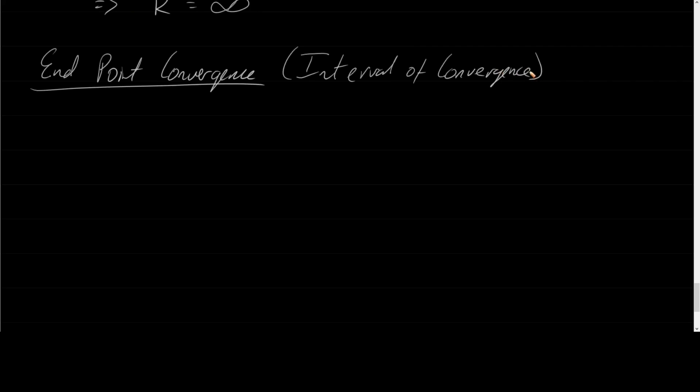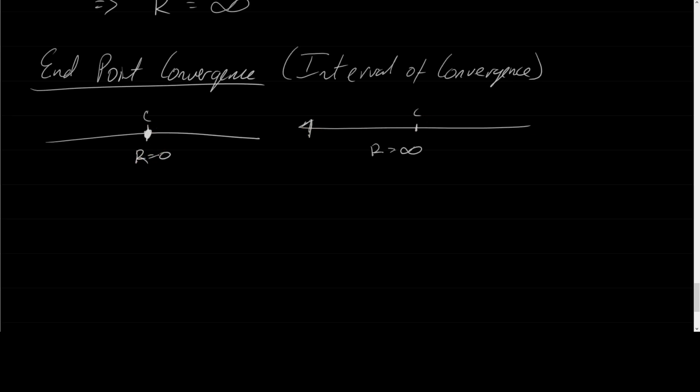So recall the three scenarios that we just had. We had that the radius is 0. We had that the radius was infinity. So here's our c. The radius is 0. Here's our c. The radius is infinity, so it goes throughout the entire real line.